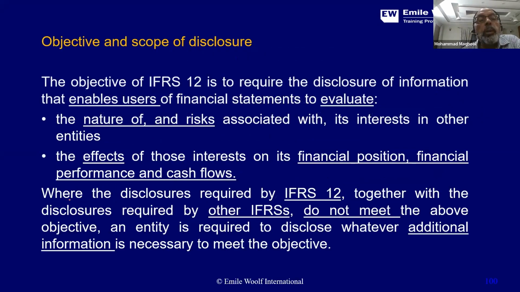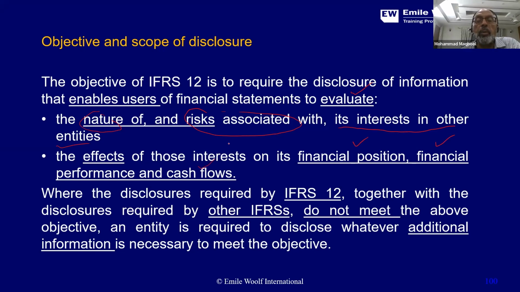Okay. So they have set out the overall objective of the disclosure. They say the disclosure should enable the user to evaluate the nature of its interest in other entities and the risks associated with its interest in other entities. I'm separating it: the nature of its interest in other entities, the risks associated with this interest, and the effect of such interest on the financial position, financial performance, and cash flow of the investor.